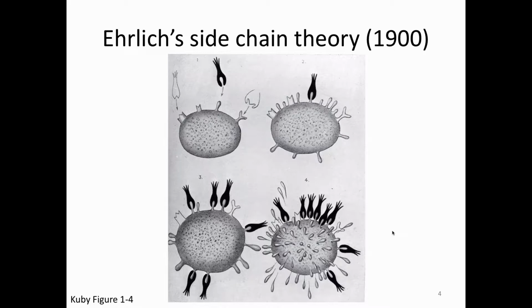And eventually those little copies, and you can see again more binding, results in more copies. And eventually those little things fall off, as you can see in number 4. And those falling off things are the antibodies. And so he came up with this because he was like, okay, this is a way that we can get improvement over time with our response. This is a way we could get better binding over time. And so this is what he was coming up with.